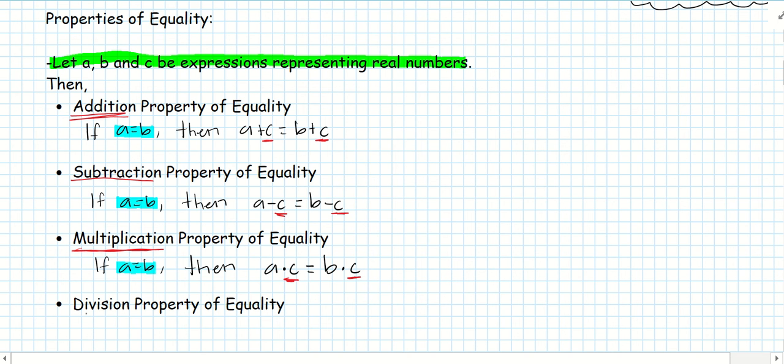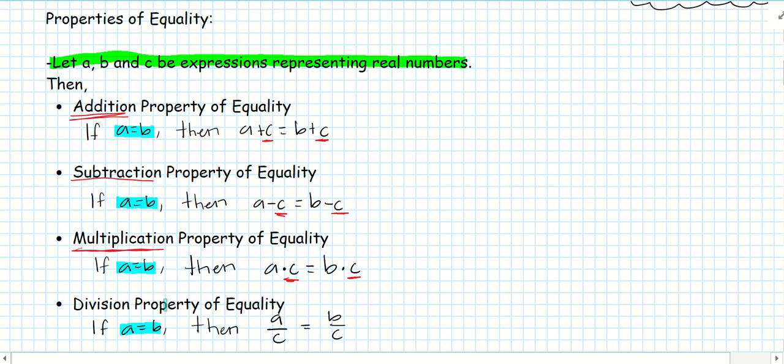And last but not least, we have the division property of equality, and that one says that if A equals B, then A divided by C equals B divided by C. Okay, so it's the same rule.